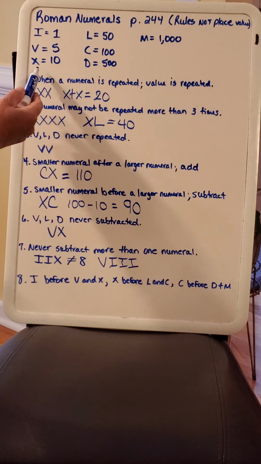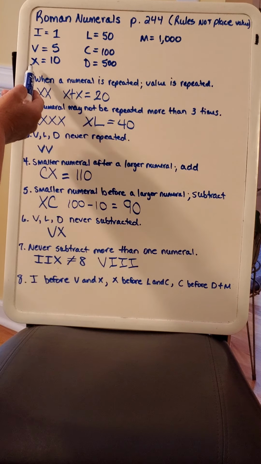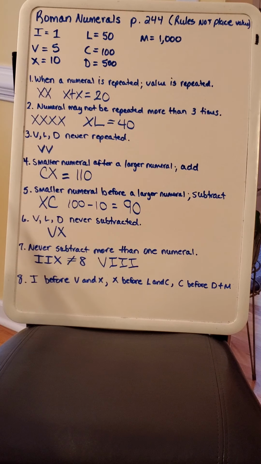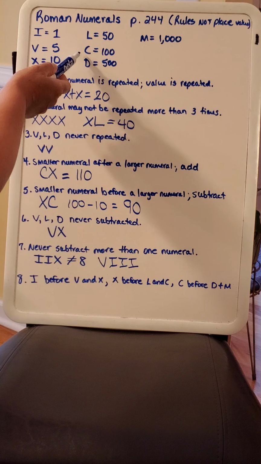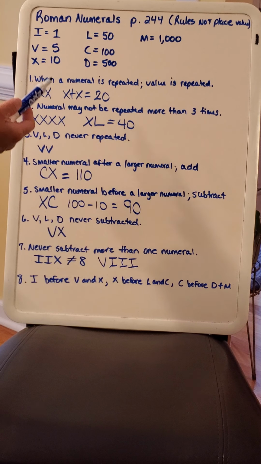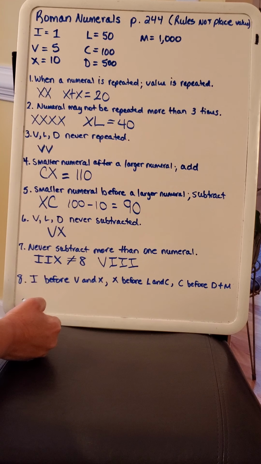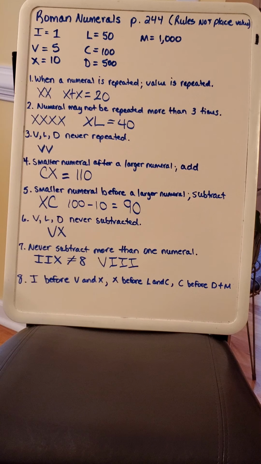The next two largest numbers are L and C. So you wouldn't put XD. You could only go to C. And for C, the next two numbers that you could write with it would be D and M. So it can only be the next two largest numbers from whatever number you write. That is where the chart will come in to help you with that.